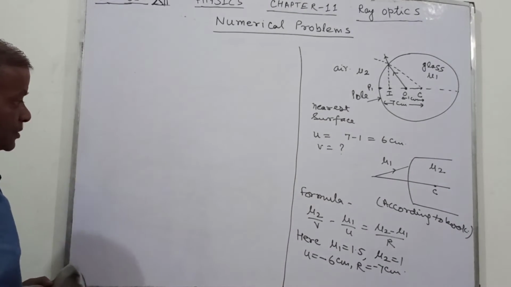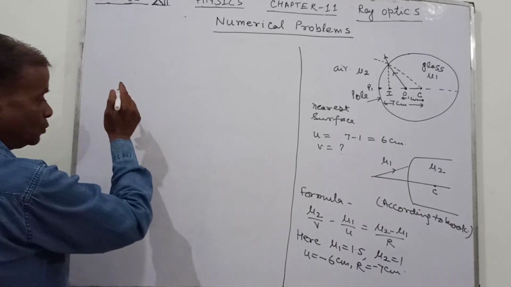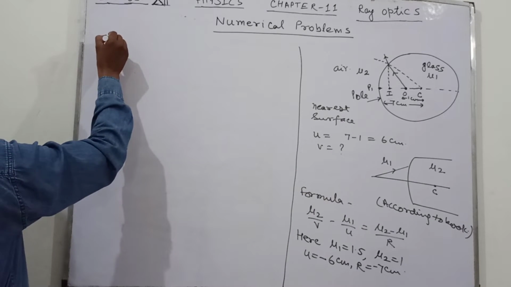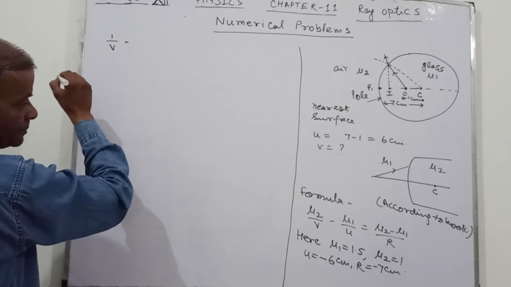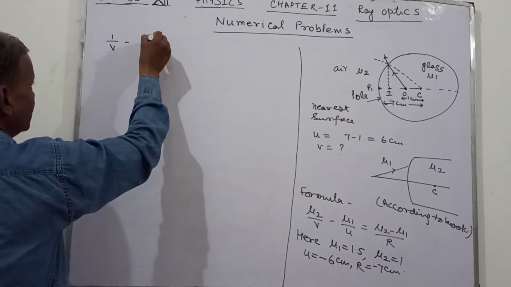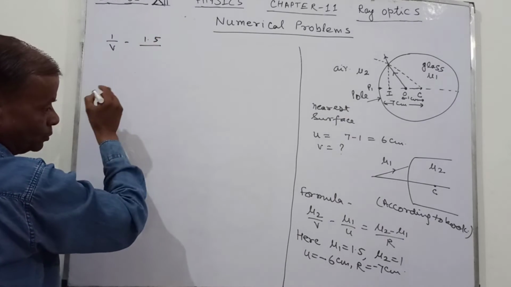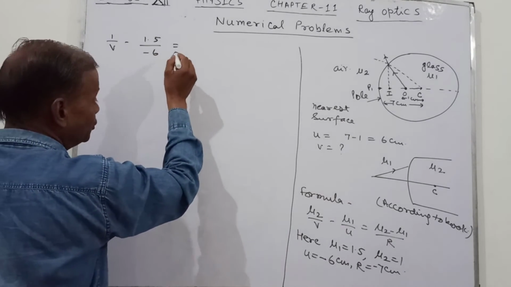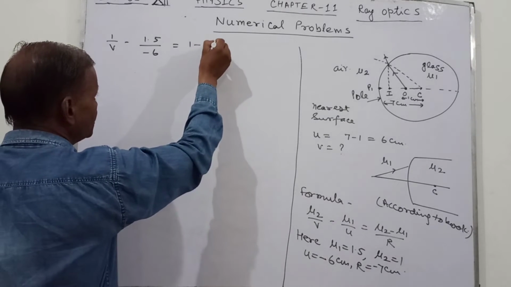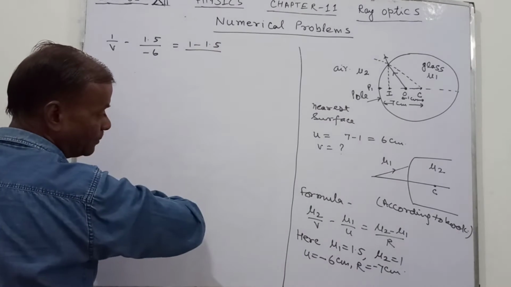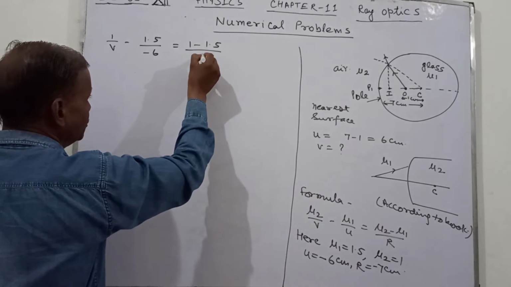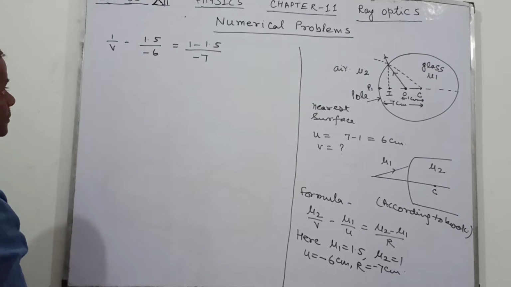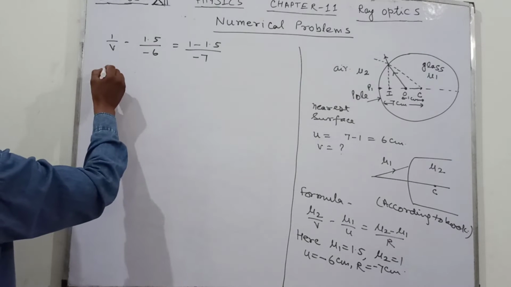So now apply this formula, this mu2, this is now your 1 upon v minus this 1.5 upon u, this is now your minus 6, is equal to mu2, this is now 1 minus 1.5 upon r, this is now your minus 7. So now we will calculate.